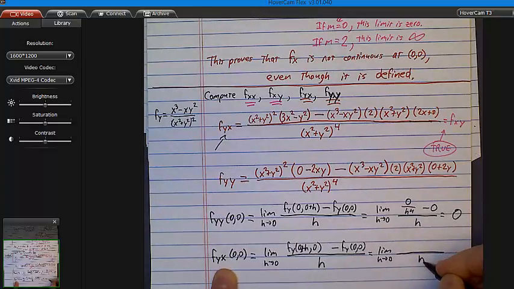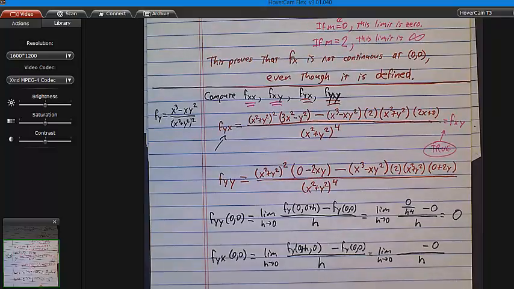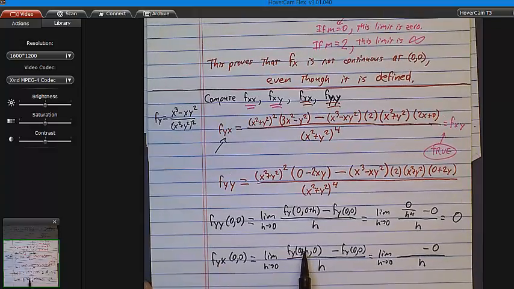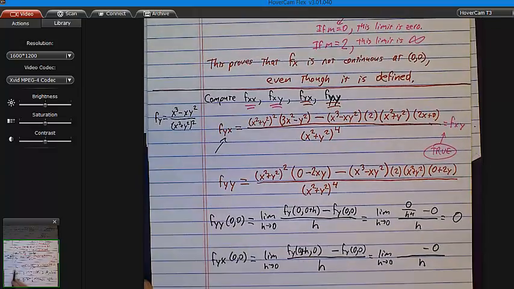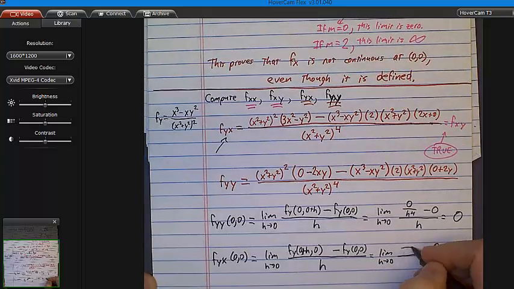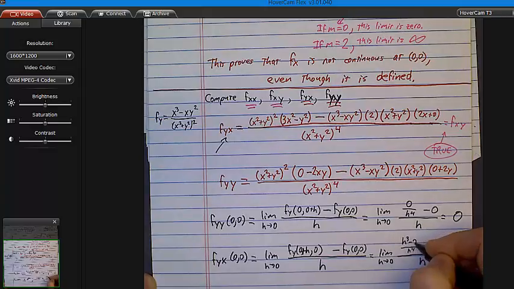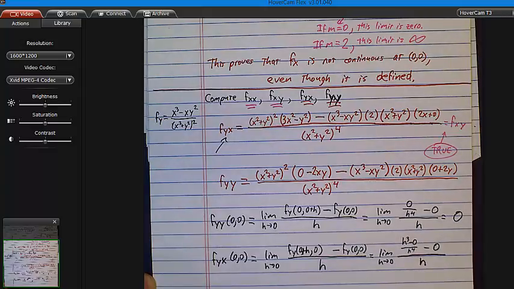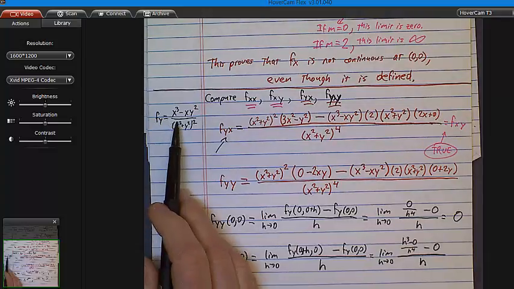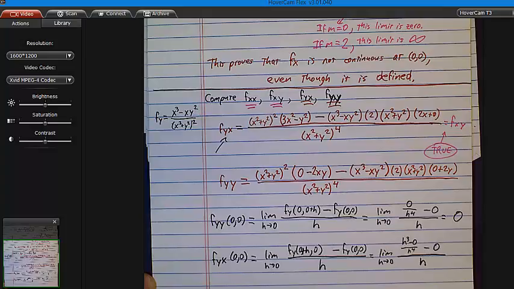h in the denominator, I'm subtracting 0 because that's f_y of (0, 0). But now here, we're plugging the h in for what in the formula? In for the x. So the denominator is still going to be h to the 4th, but what's the numerator going to become? Isn't it going to become h cubed minus 0? Do you see that? h cubed minus 0 when I plug in (h, 0).